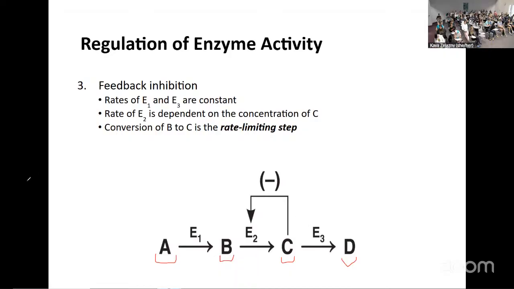Okay. So the way this works is that we can have a situation, feedback inhibition, where one of our products, in this example C, this intermediate product C, is itself a modulator of the enzyme of either the step that produced C or one of the earlier steps in the process.